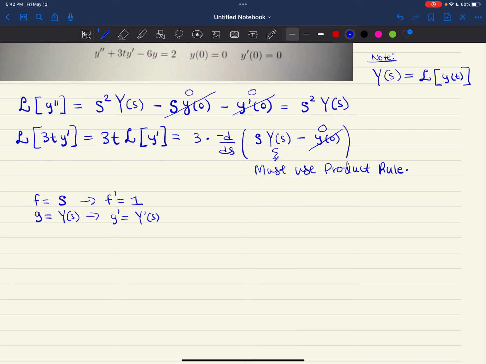Now, product rule is f prime times g plus f times g prime.